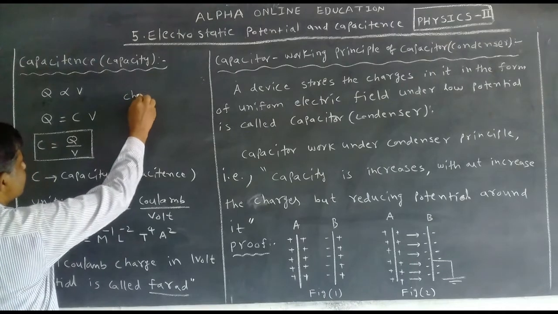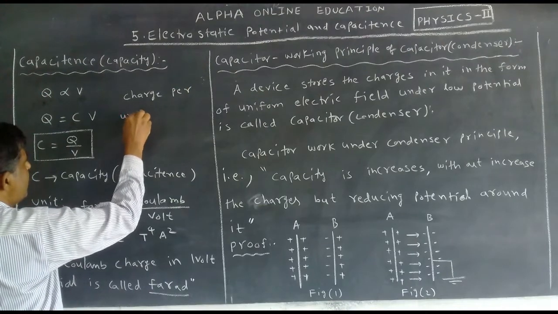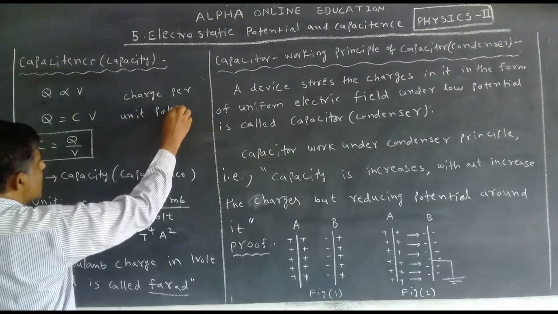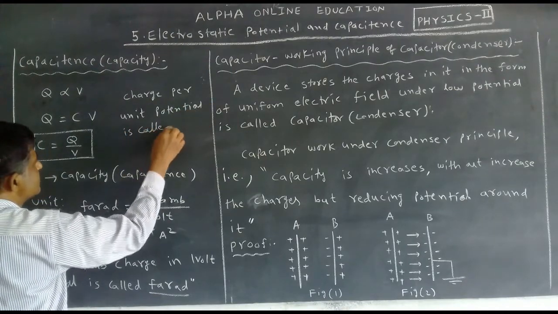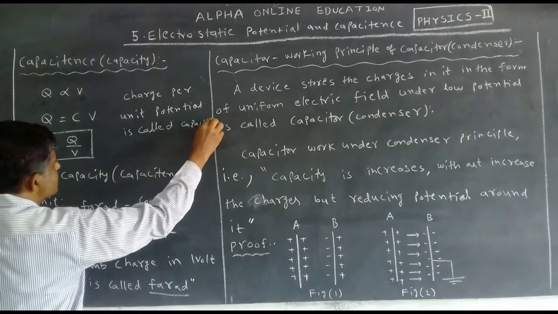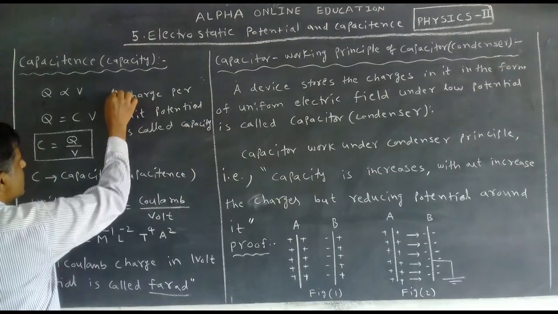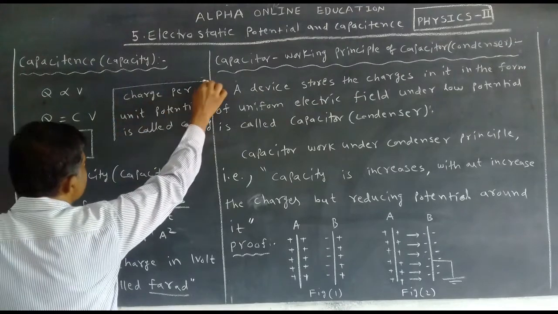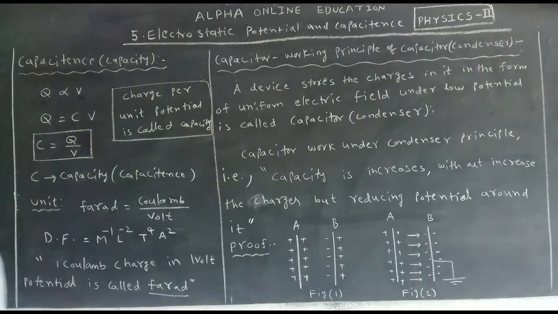Charge per unit potential is called capacity.